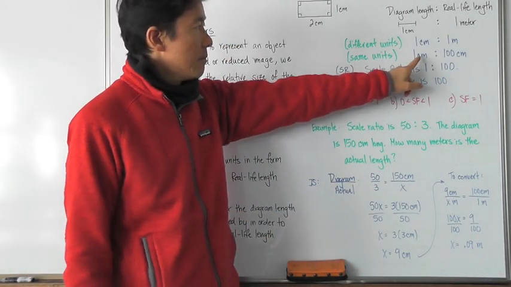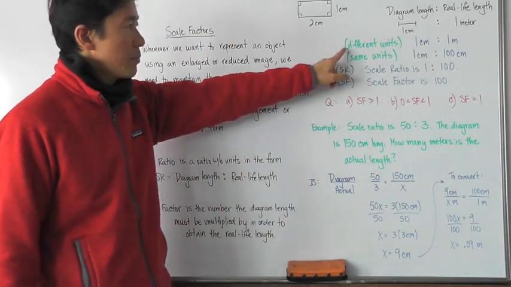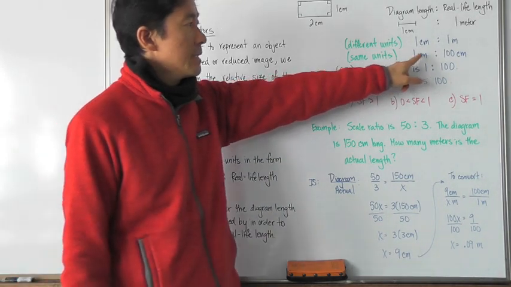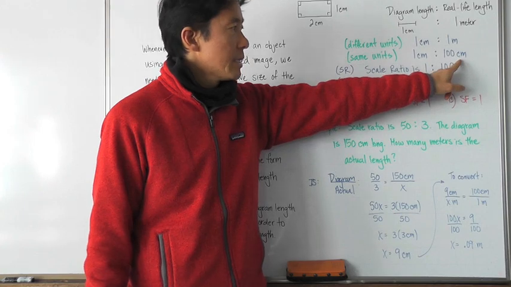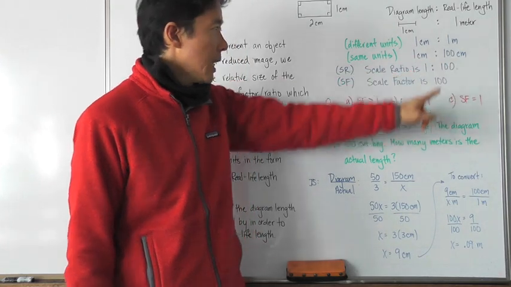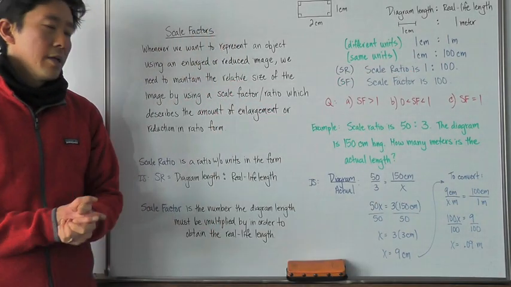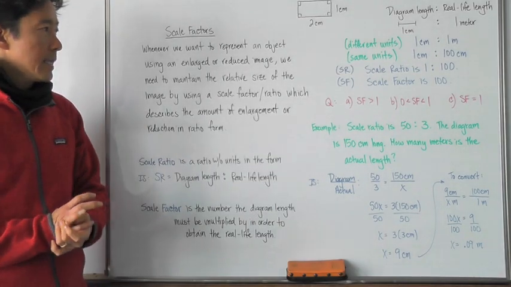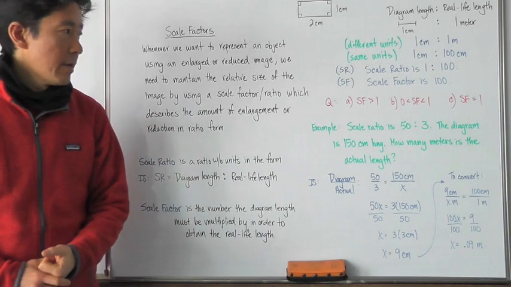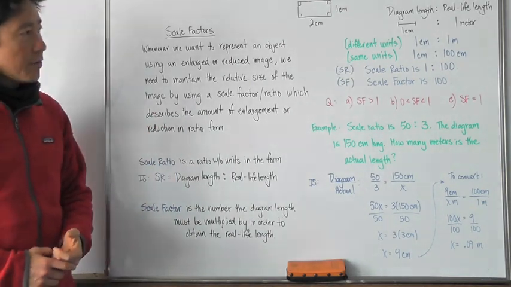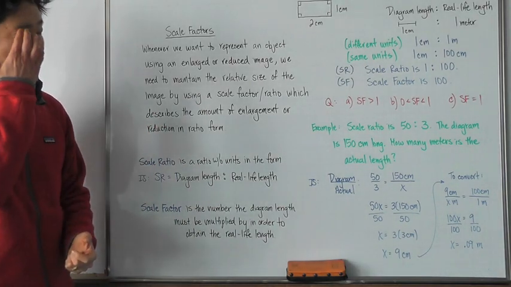And being that these are different units, we need to change it so that it's the same units. So I have 1 centimeter now to 100 centimeters, because that's what 1 meter is. And now I can disregard the units of measure, and I can say then that the scale ratio is 1 to 100.